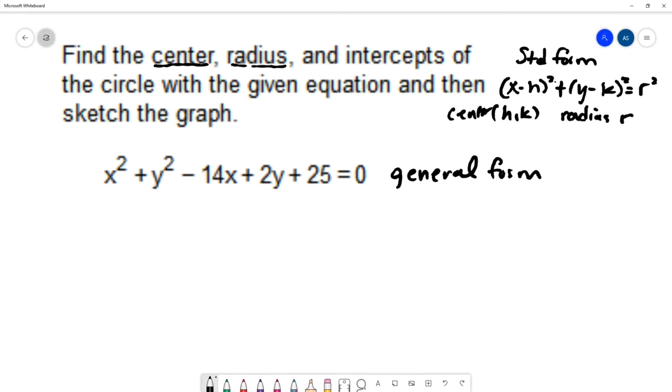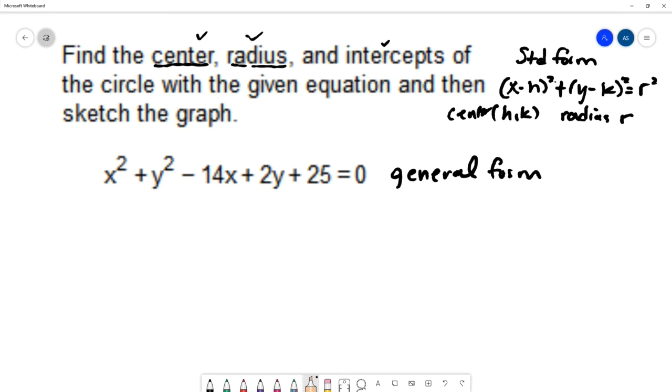So if we can get it to standard form, we're going to be able to identify both the center and the radius easily. It also could be a little bit easier to find the intercepts in standard form as well.